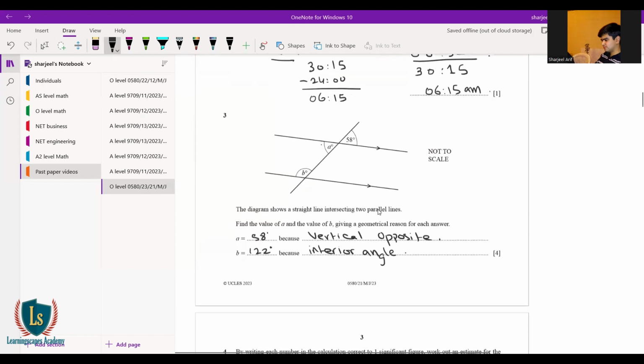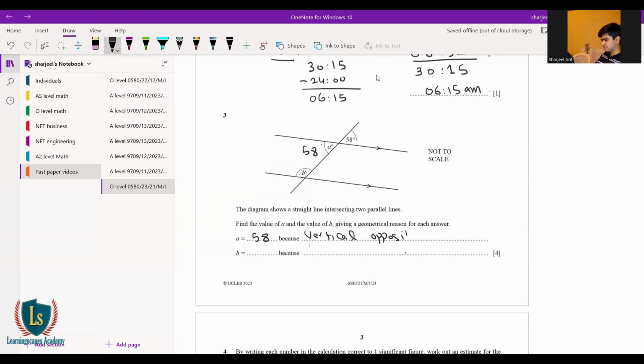For question number 3, we have done this before. So we have the angle 58, which is a vertical opposite angle of angle A. So angle A should also be 58. And the reason is it is vertical opposite angle.